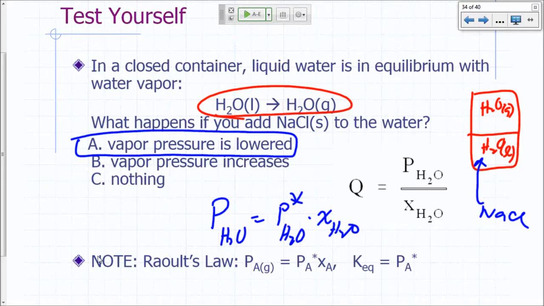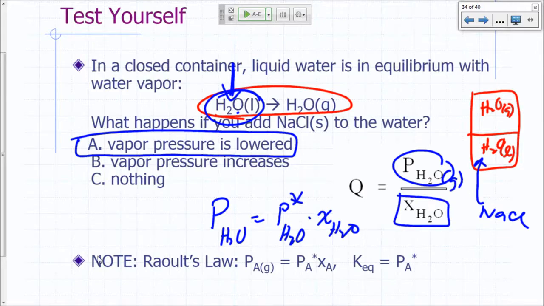So the vapor pressure is lowered. How is that illustrating Le Chatelier's principle? By putting sodium chloride in your water, what are you doing to the concentration of water, to the activity of the water? Your reaction quotient is the partial pressure of the water vapor, this is gas, over the mole fraction of water.